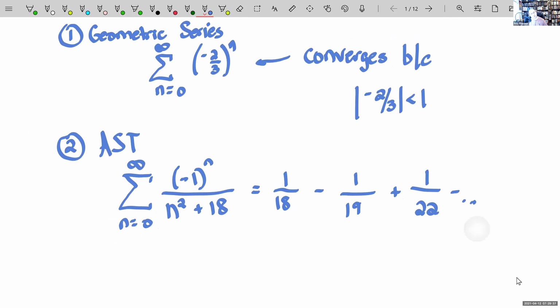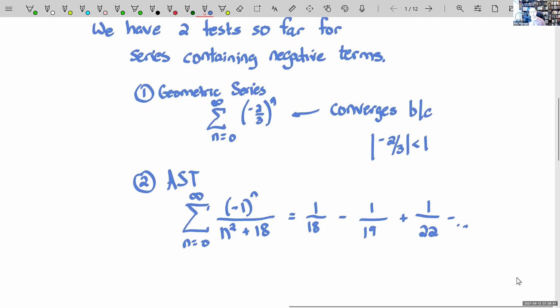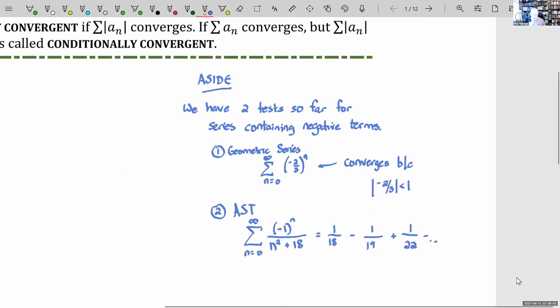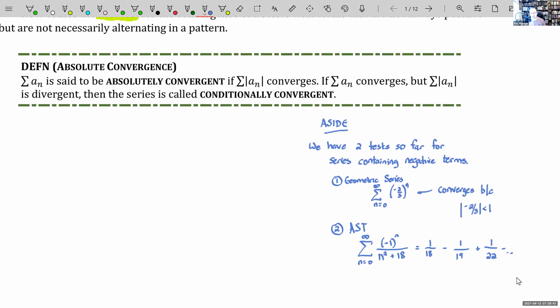So the only two tests we have that can handle negative terms are the geometric series, quote unquote, test, even though it's technically not a test, and the alternating series test. But they require every other term to pop back and forth between positive and negative.